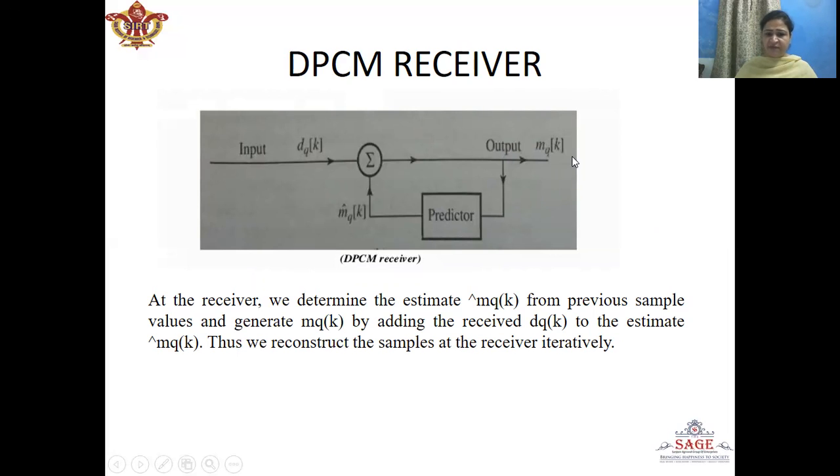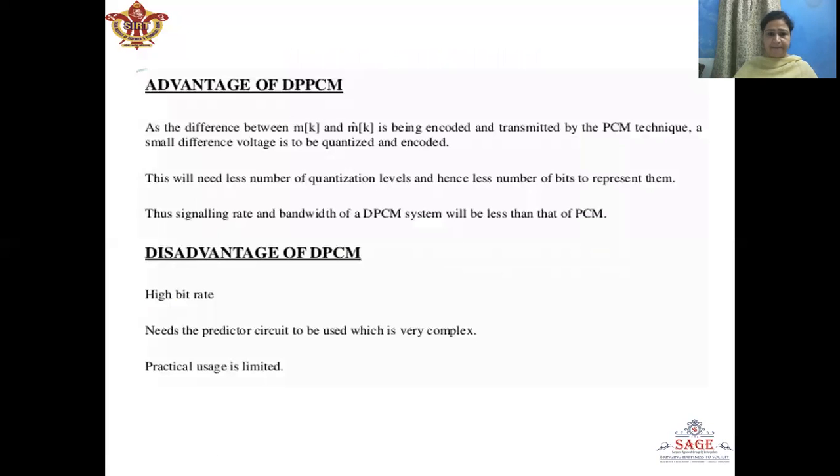So at the receiver, we determine the estimate MQ cap K from previous sample values and generate MQK by adding the received DQK to the estimate MQ cap K. Thus, we reconstruct the sample at the receiver iteratively. Thus, the signal at the receiver differs from the actual signal by only quantization error, which can be removed by giving it to the low pass filter. So this is how we will generate our message signal at the receiver side.